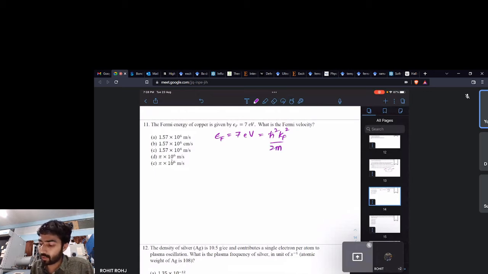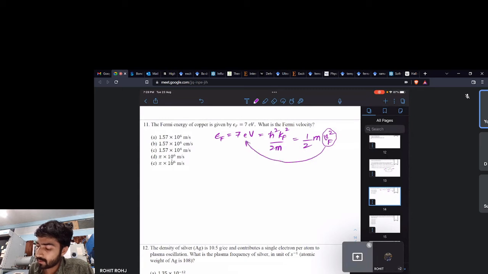And what is the Fermi velocity? To calculate the Fermi velocity, we can relate this to the kinetic energy of the electrons in copper as half m Vf square. So this gives us the Fermi velocity, and we can directly plug in these values.